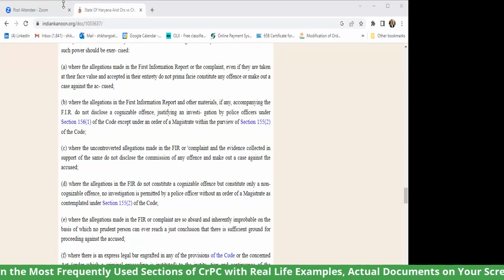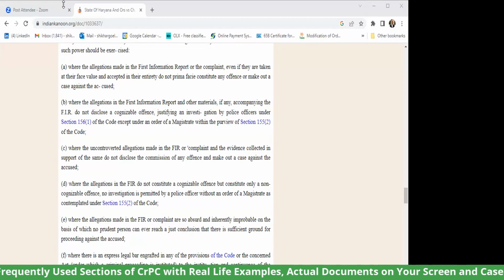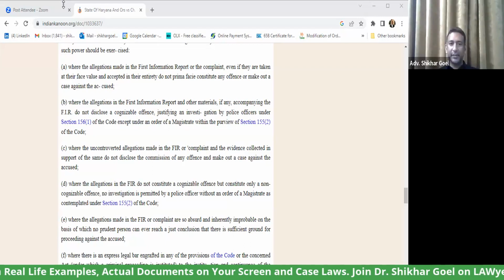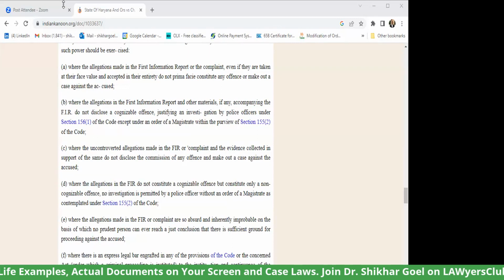Yes, sir. C, where the uncontroverted allegations made in the FIR or complaint and the evidence collected in the support of the same do not disclose the commission of any offense and make out a case against the accused.